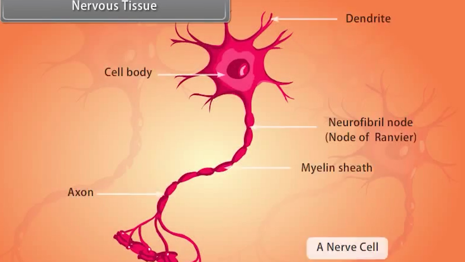The axon is a single, long, cylindrical process of uniform diameter. Axon forms fine branches terminally. Each branch ends in a swollen structure called a synaptic knob or bouton. Axon is also called nerve fiber. An individual nerve fiber is about 1 meter long.